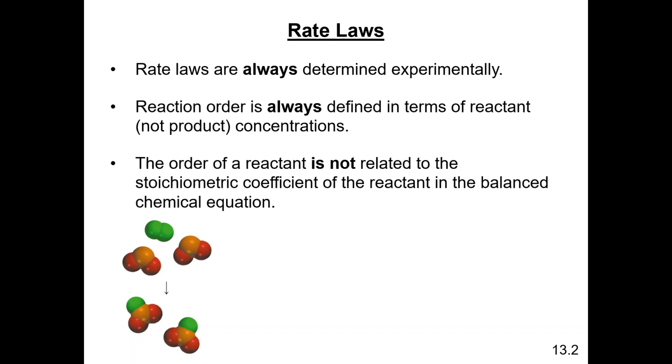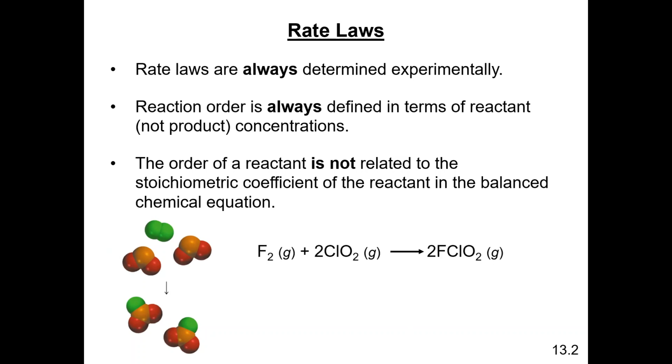law. Another important thing, which is another mistake that students tend to make, is to recognize that the order of reactants is not related to the coefficients in the balanced equation, right? So you cannot just look at the balanced equation, look at the coefficients, and just say that's the order of the reaction with respect to that particular reactant, all right?